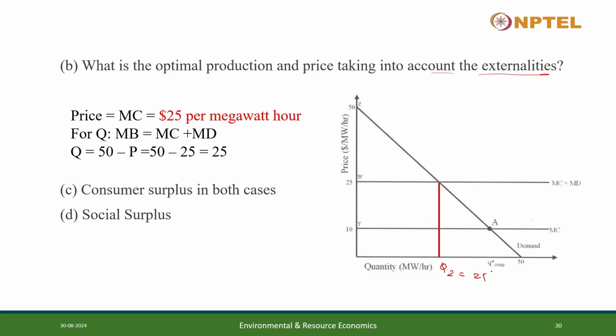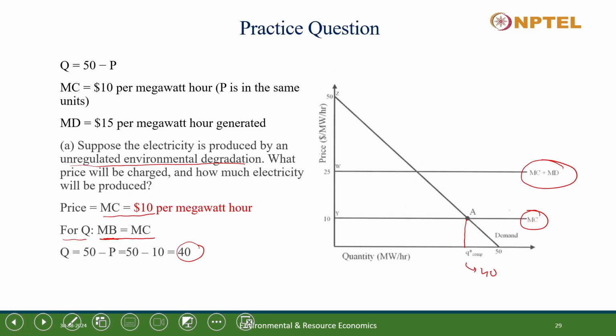Now in both the cases, in case 1, what will be the consumer surplus? You have to show me the area, let's say area AYW or any area.